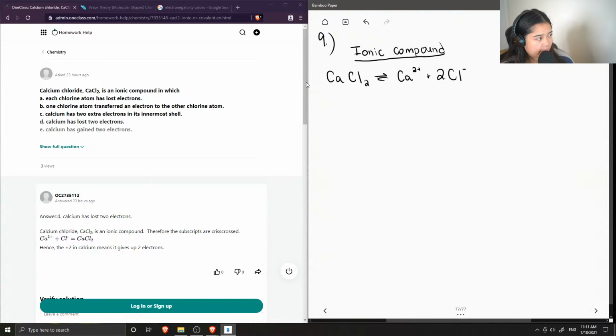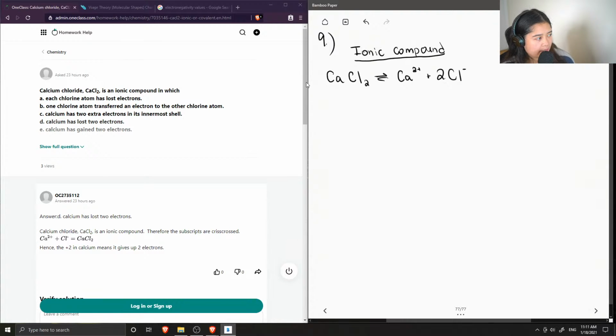B, one chlorine atom transferred an electron to the other chlorine atom. So we know that's not true either because chlorine is looking to accept electrons. You won't find one of them giving an electron to the other for this question.